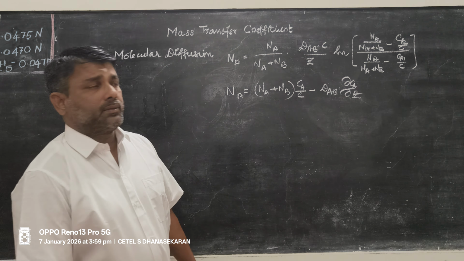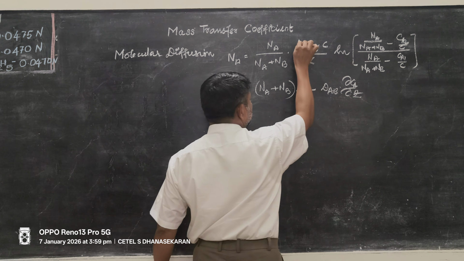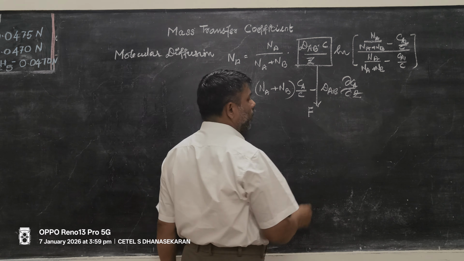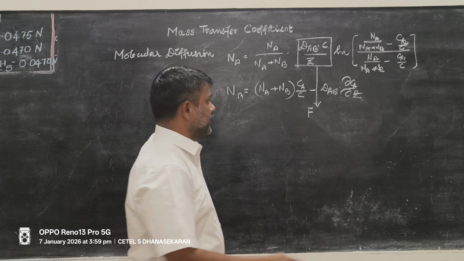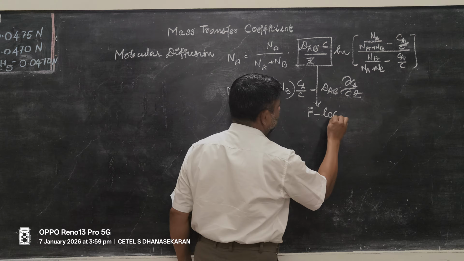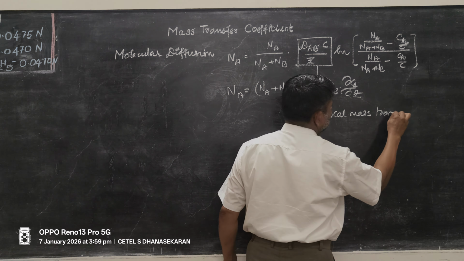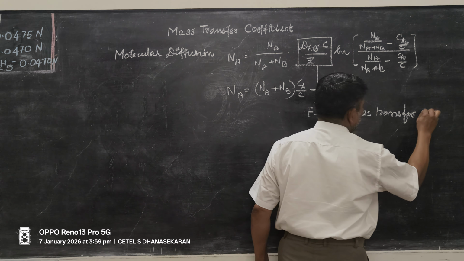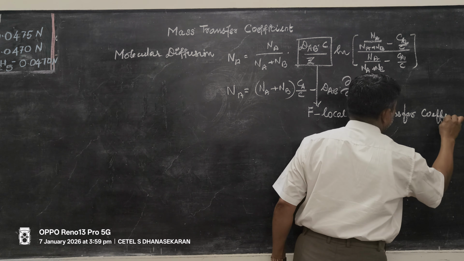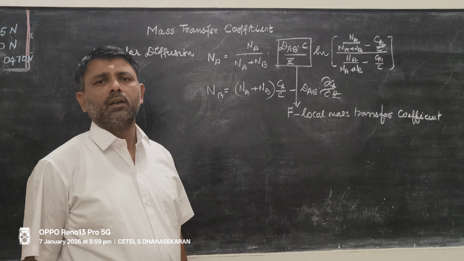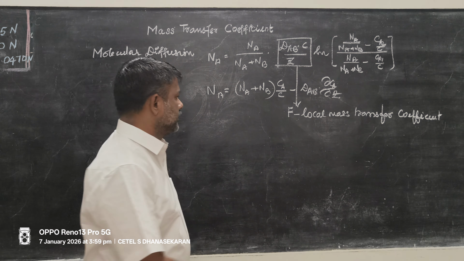In this equation, this DAB into C divided by Z is called the local mass transfer coefficient, with the notation F. The local mass transfer coefficient, or coefficient in the phase interface.